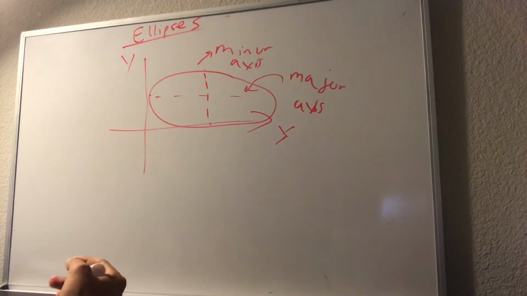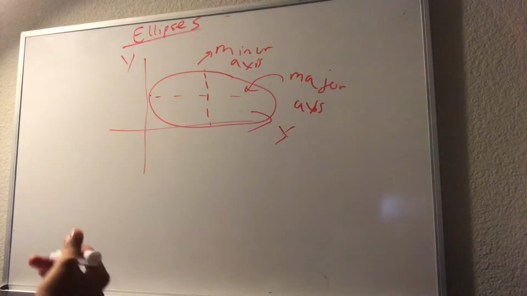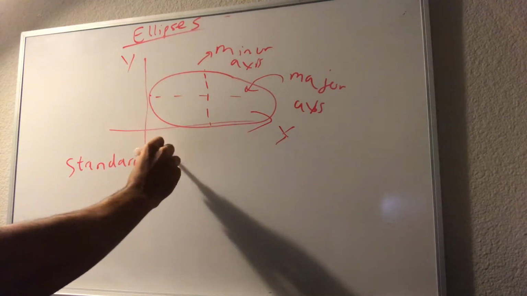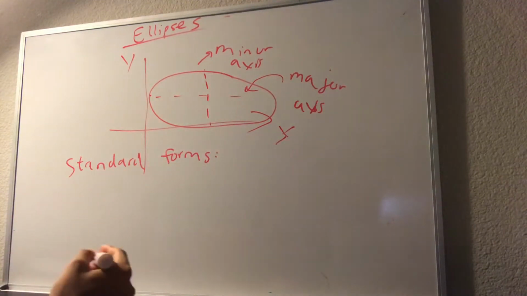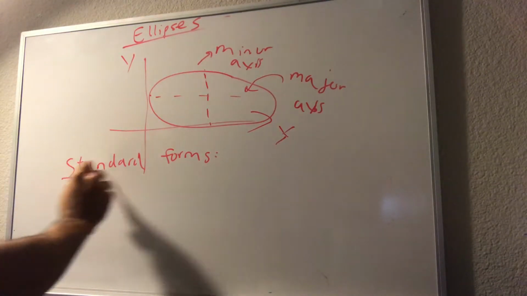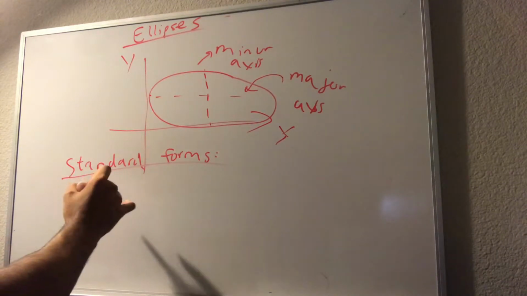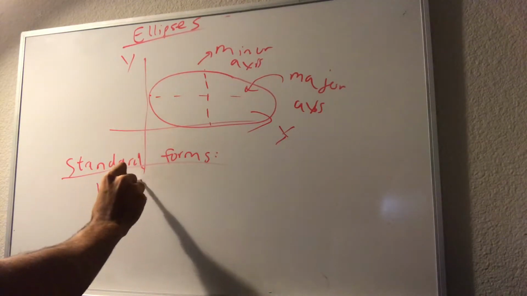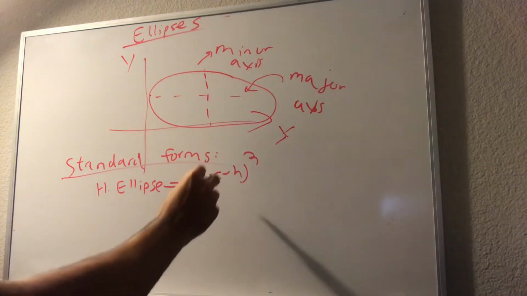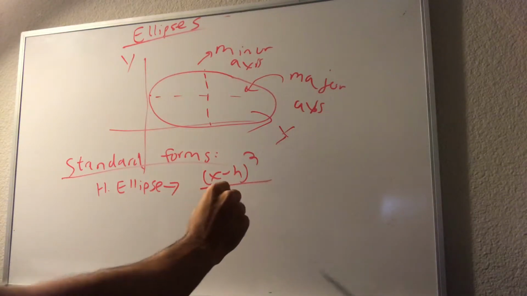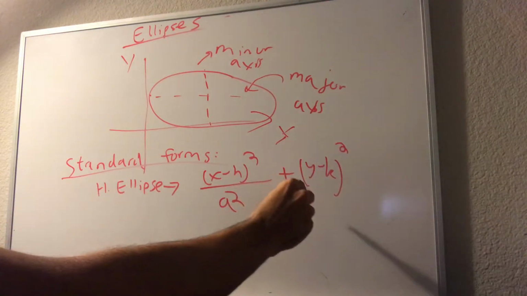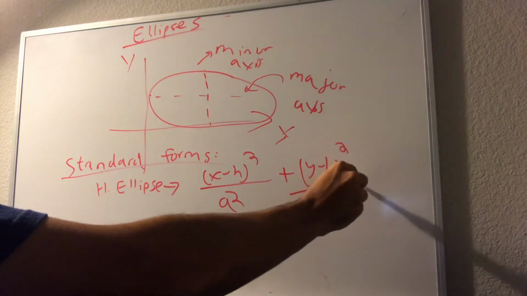Now when you're talking about ellipses, there are two different standard forms. However, there's no need to exactly memorize these forms, because there's a technique to derive the equation of an ellipse. But for the sake of it, for a horizontal ellipse, the equation is (x minus h) squared divided by a squared, plus (y minus k) squared divided by b squared, equal to 1.